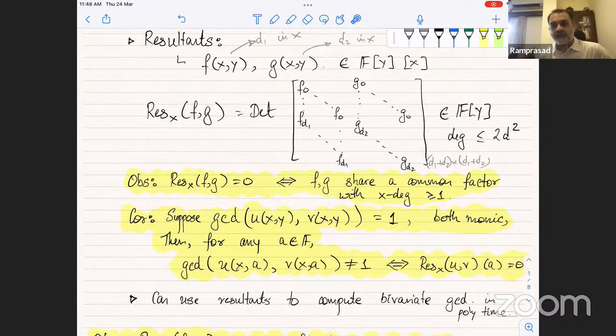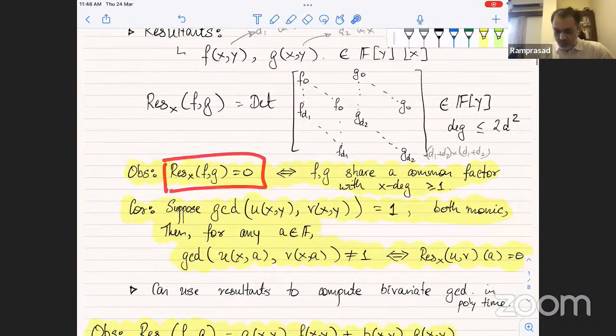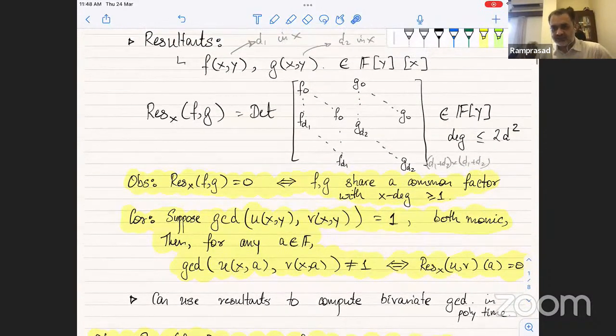But on the other hand, you will notice that the resultant with respect to y is actually 0, because there is a common factor that is non-trivial with respect to y. But I don't know if your question is, if I look at the resultant with respect to x and the resultant with respect to y, can I say something different by looking at these two things? I don't know off the top of my head.